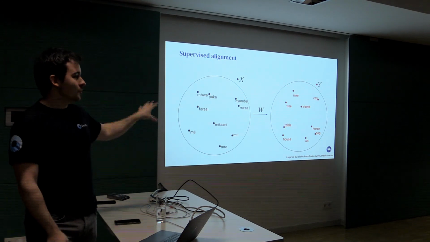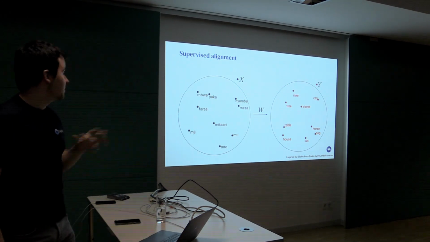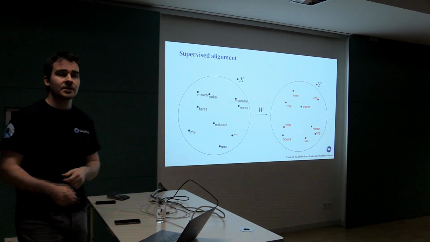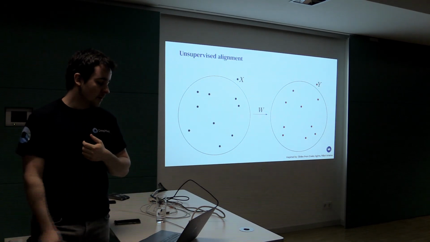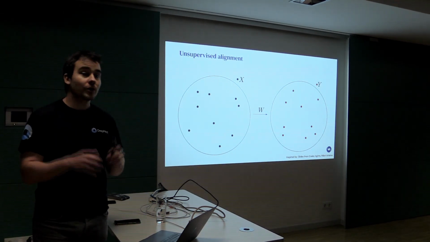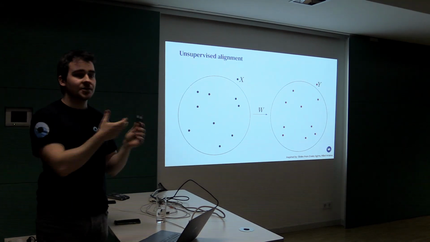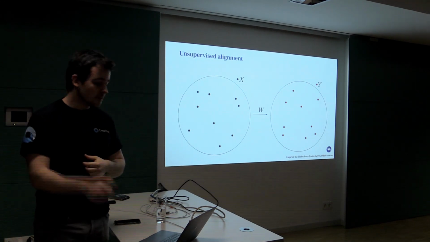And to go back to our initial example of the two distributions here. In the supervised setting, we know the identity of all of the words that we're trying to align to each other. In the unsupervised setting, we are only left with two point clouds. So we only have access to the embeddings, the points in each of the two embedding spaces.